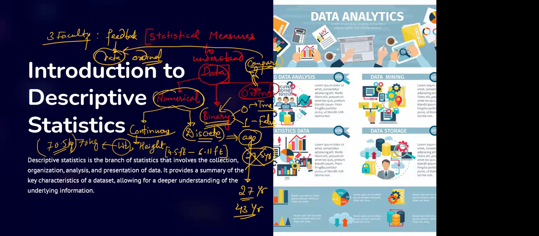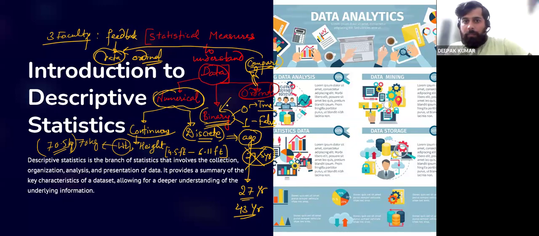Guys, would you be able to do any mathematics with binary data? Say you have data with yes or no, absent, present, true or false. Are you able to compute it? Are you able to multiply it? Say if I ask you to multiply 2 liters of milk with 5 square feet of land, would you be able to?